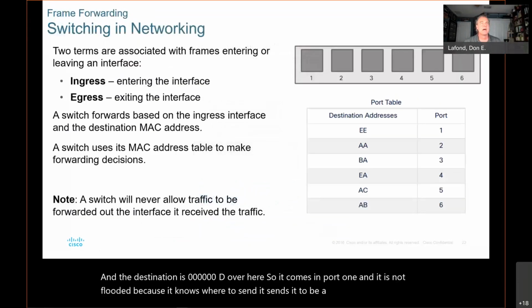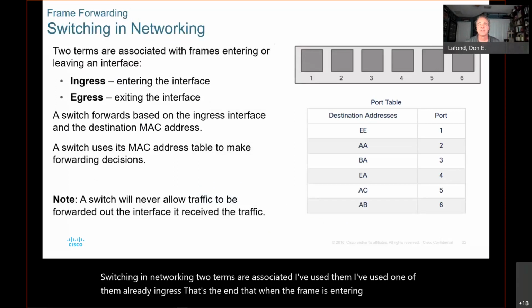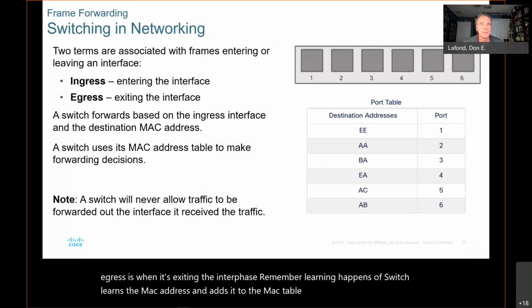Switching in networking: two terms are associated, and I've used one of them already, ingress. That's when the frame is entering the interface. Egress is when it's exiting the interface. Remember, learning happens when a switch learns the MAC address and adds it to the MAC table on ingress.